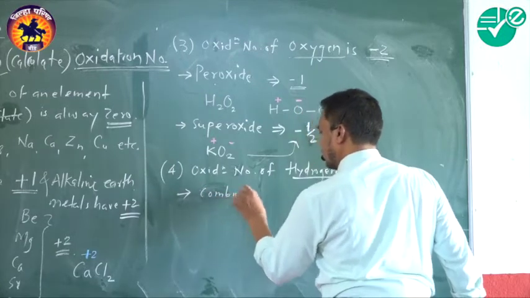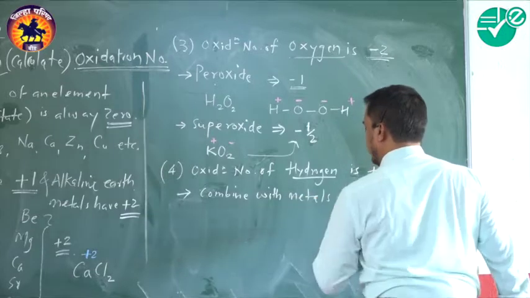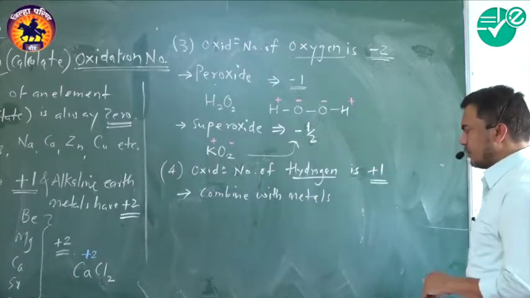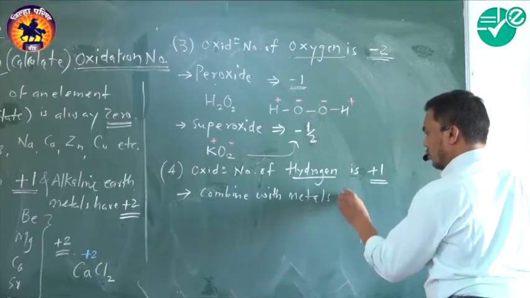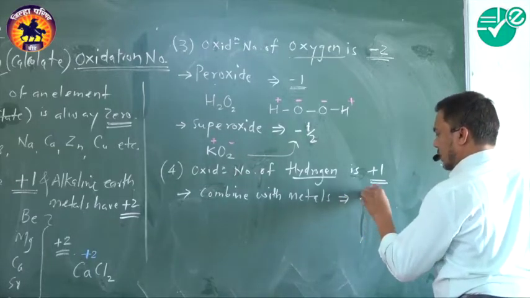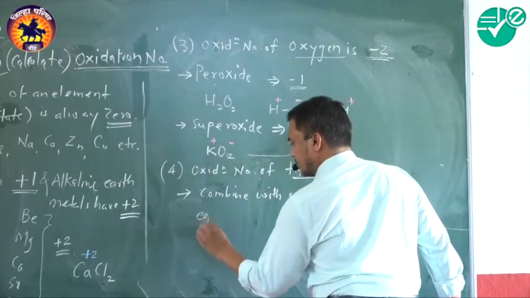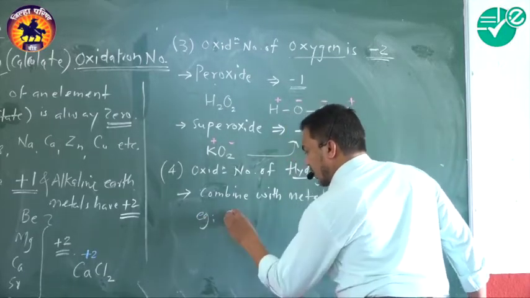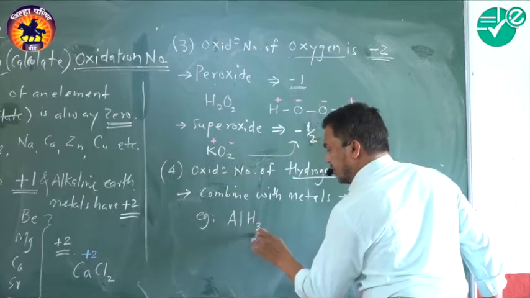Combined with metals, that means more electropositive. If it is combined with the more electropositive, it shows -1. Remember, for example, if you take aluminium hydride, the hydrogen combined is 3.